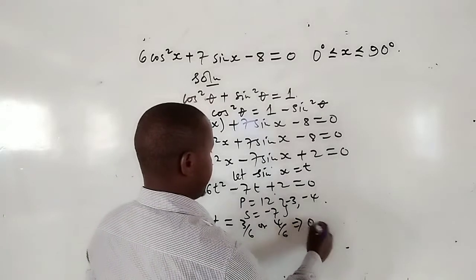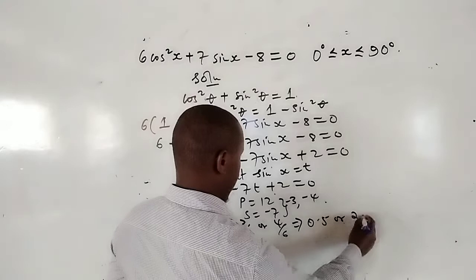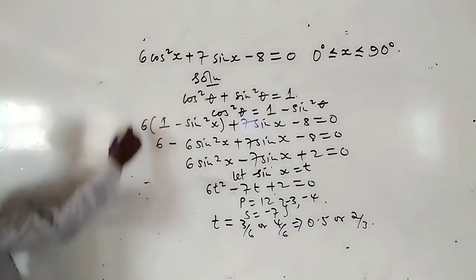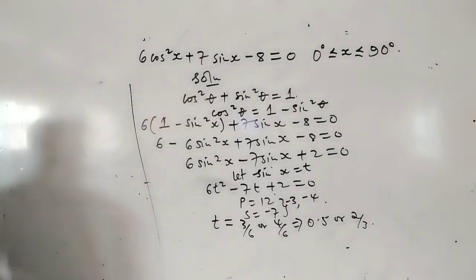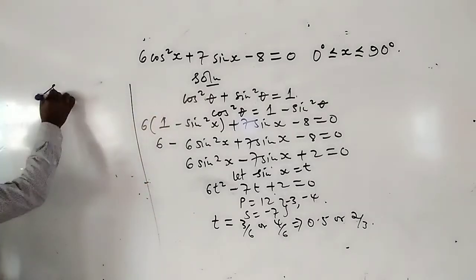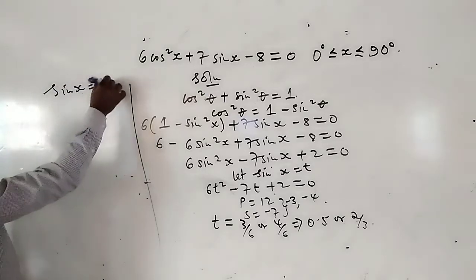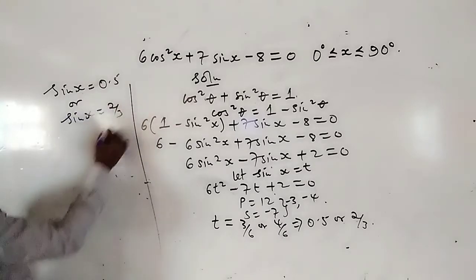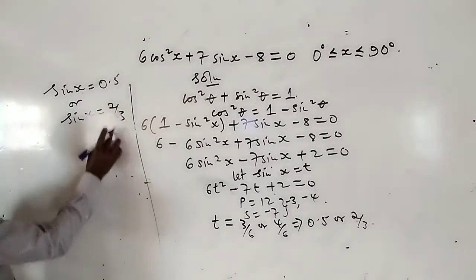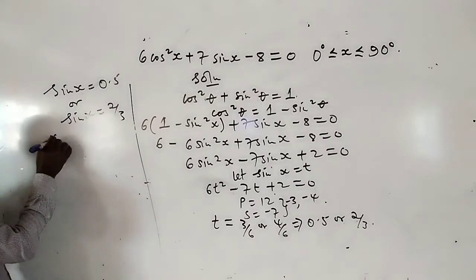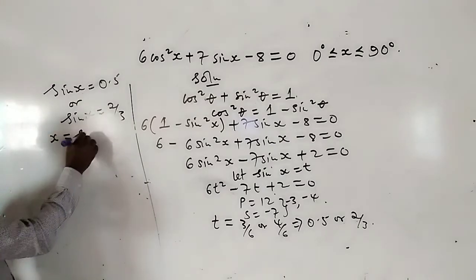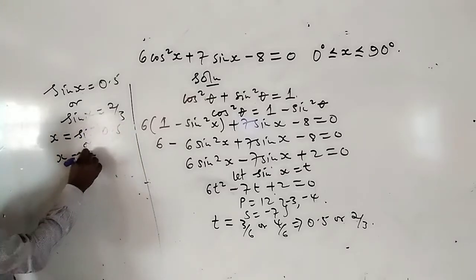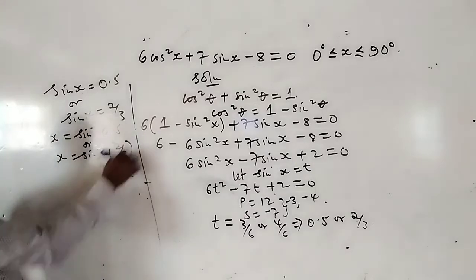So this is half or 2/3. Now, if we got the two values of t, then we can say sine of x is either 0.5 or sine of x is 2 over 3. Now x will either be the sine inverse of 0.5, or x is the sine inverse of 2 over 3.